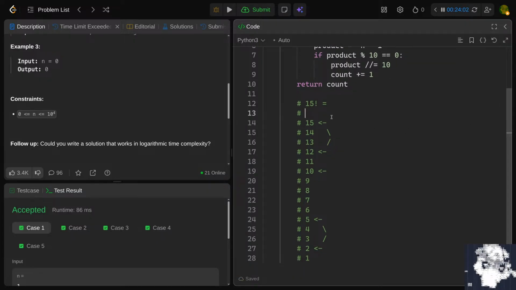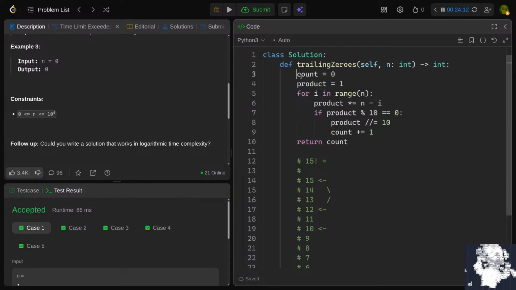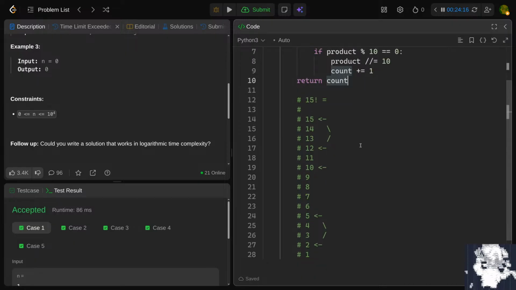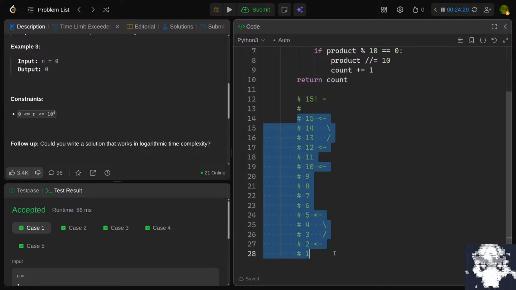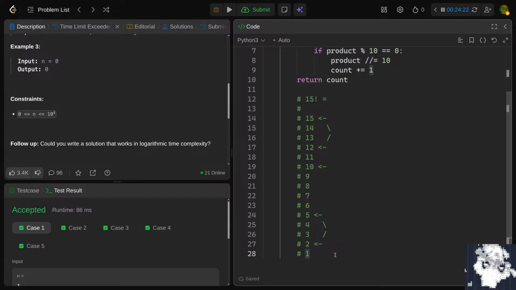Yeah, not sure how to make progress here. My only alternate idea other than go through and take the product, which is linear time, is go through every pair and pop out the ones that are factors of 10.